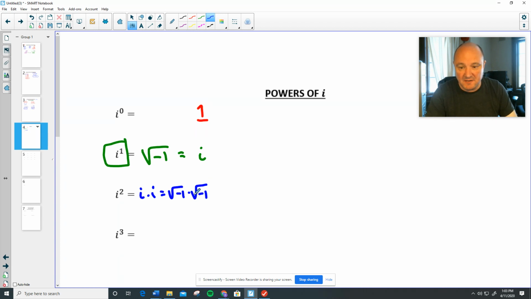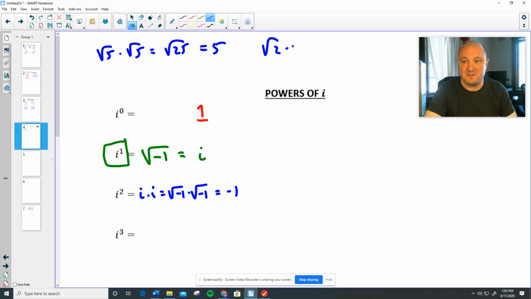So i squared is the square root of -1 times the square root of -1. Now, we know from our study of square roots that if we are multiplying two radicals and they have the same radicand, the answer is whatever is underneath the radical. In other words, the square root of 5 times the square root of 5 is the square root of 25, which equals 5.